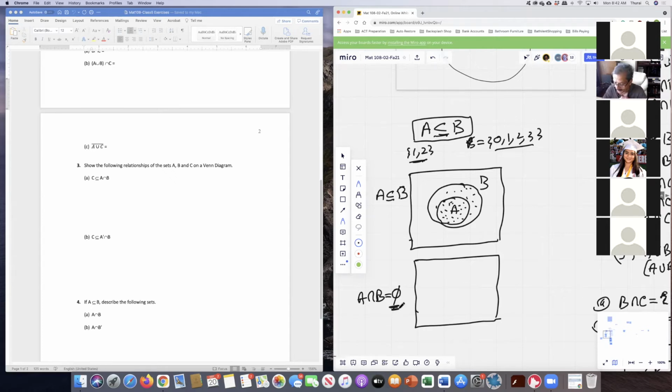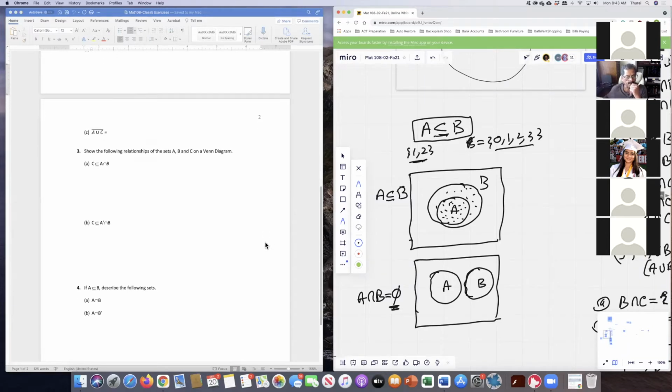So A intersection B has no elements, meaning there is nothing common to A and B. To show that fact on this picture, I can draw 2 circles sharing no elements. This means A intersection B is empty. So you saw similar examples in the lecture video. In this problem, it says C is a subset of A intersection B.